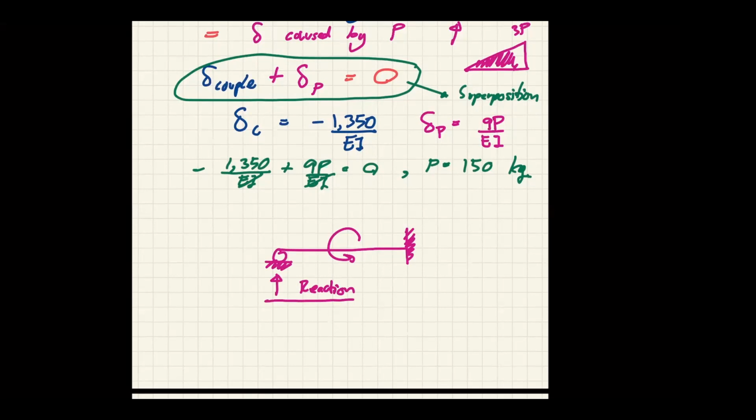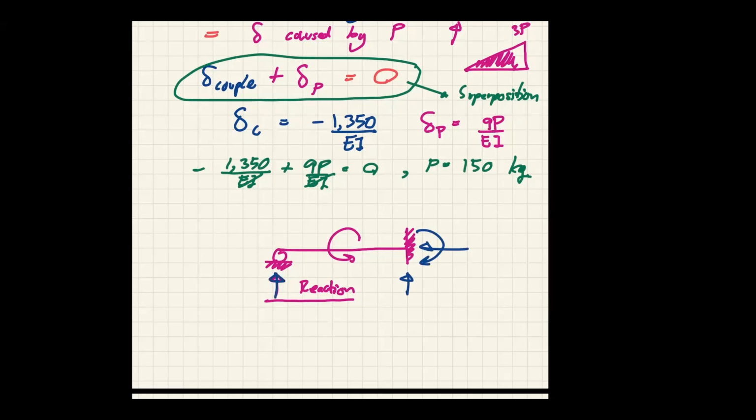Now you look at the structure. How many reactions do we have for this entire structure? We now have 1, 2, 3, and 4.